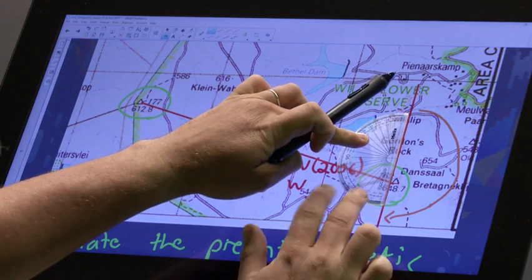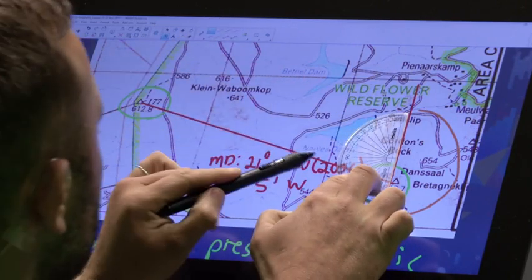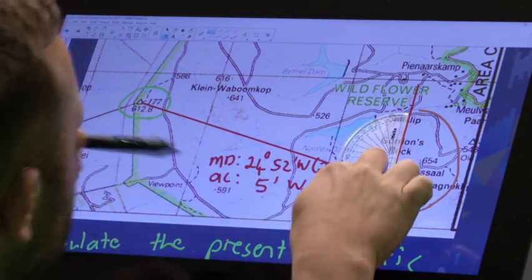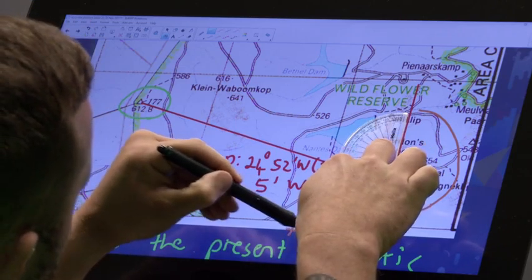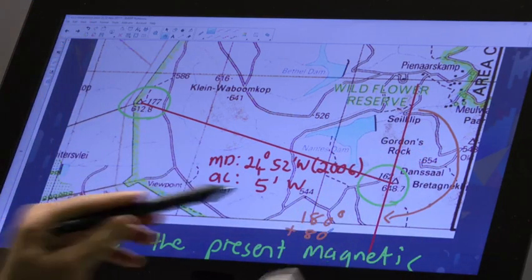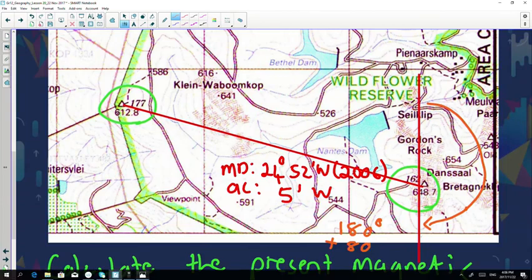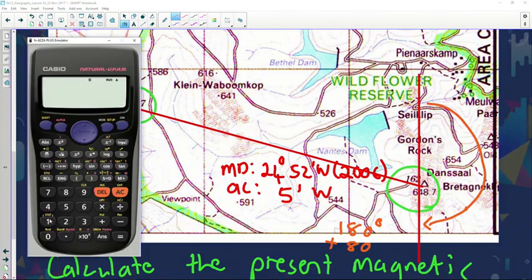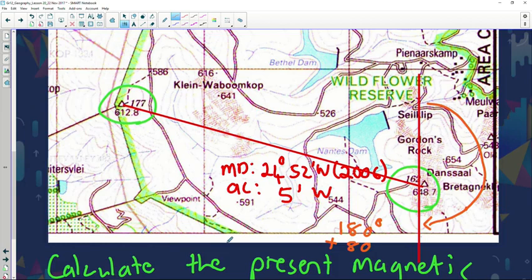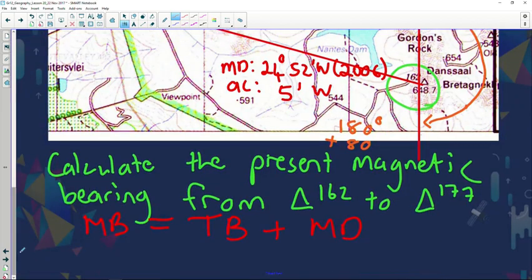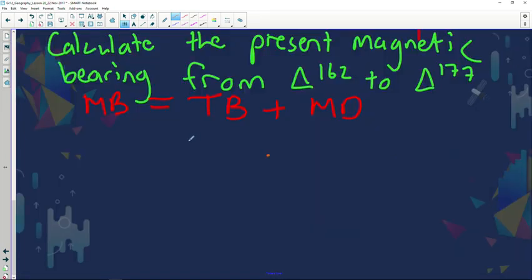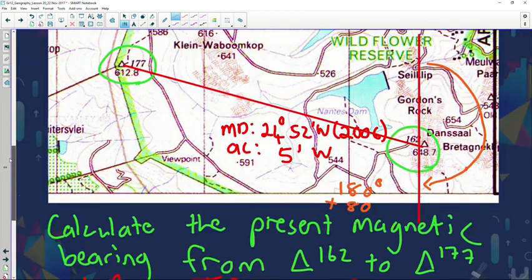As you can see, from 0 it looks like 80. So 180 plus 80 equals 260. So our true bearing, there's our true bearing, is 260 degrees.